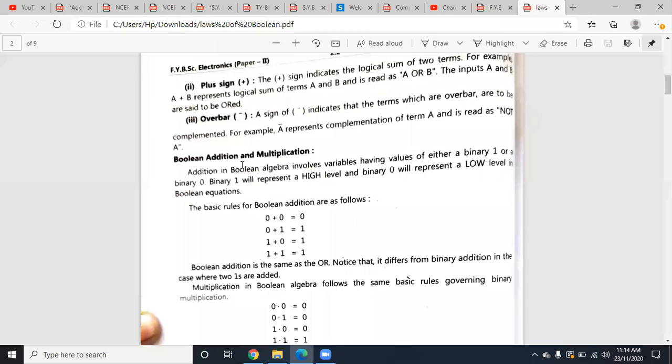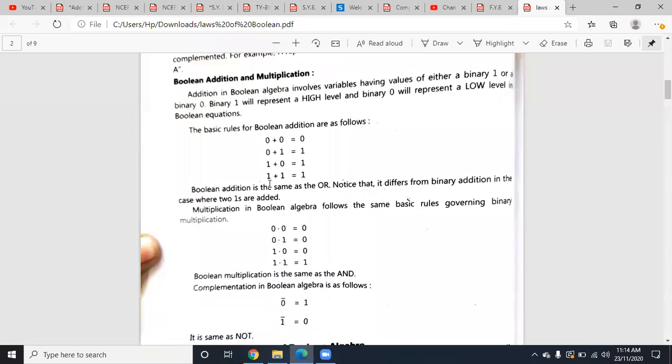After that, we have seen some rules of addition and multiplication. In addition, these rules are very common to all. Correct? 0 plus 0 is 0, 0 plus 1 is 1, 1 plus 0 is 1, and 1 plus 1 is again 1. We have seen this.